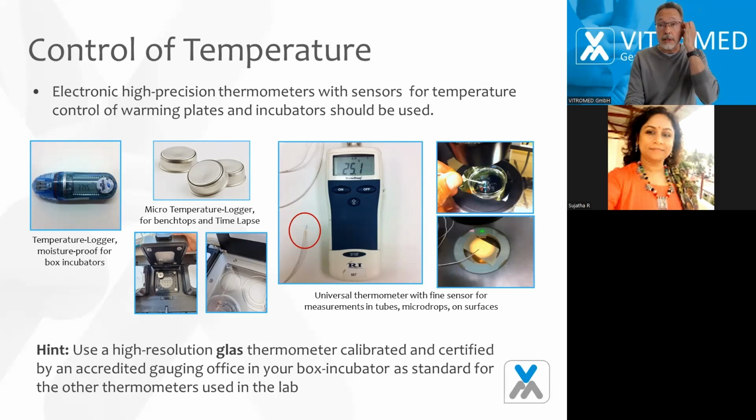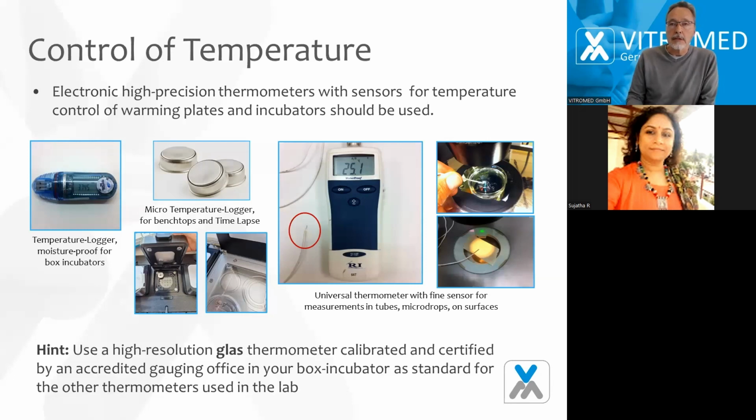For benchtop incubators or also some time-lapse systems, you can use so-called thermo buttons. I hope you can see them here. Here in the corner of this chamber, there is one, and here there's also one. They are very, very small, and they have the same principle as the left one.